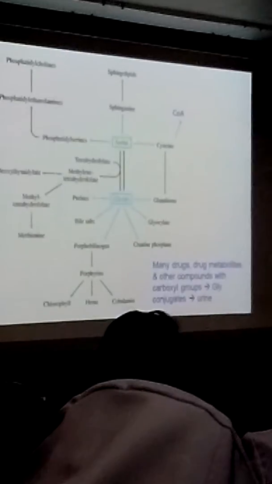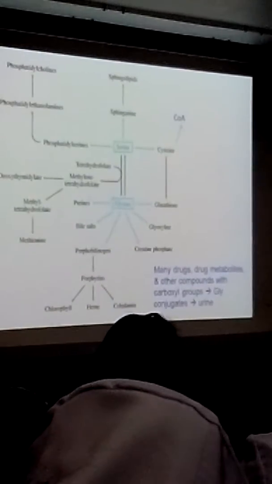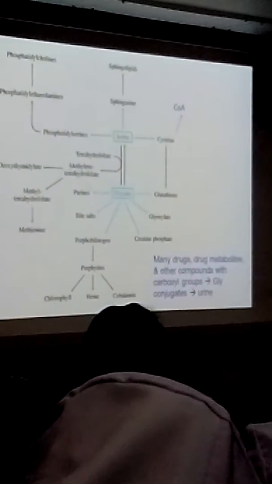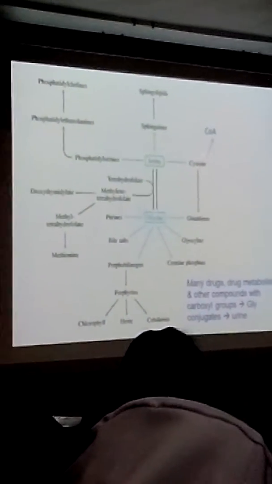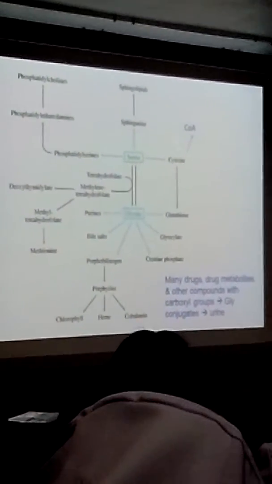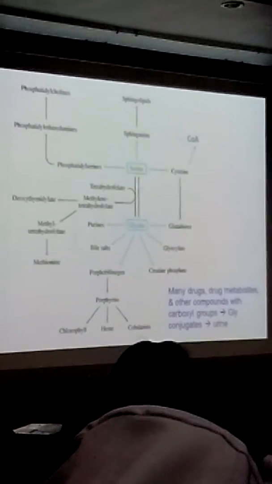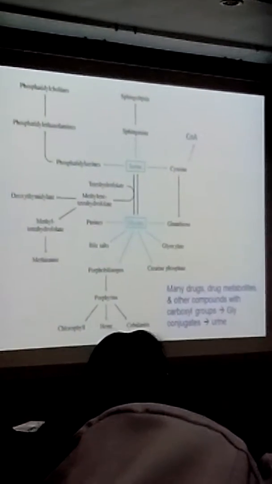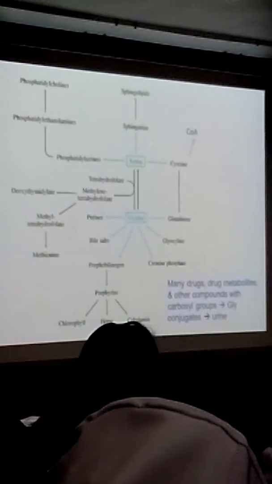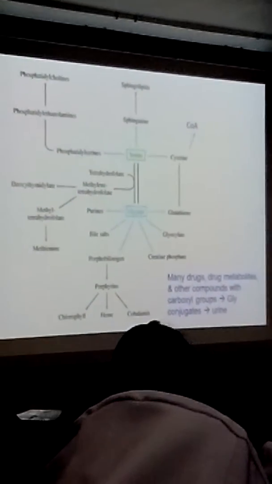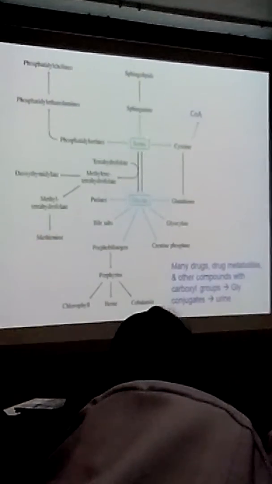Okay, this is about serine and glycine. Cysteine, you know already this one? Can become your CoA. So there is part of cysteine in CoA. Then you have your serine in your sphingosine to form your sphingolipids, right?